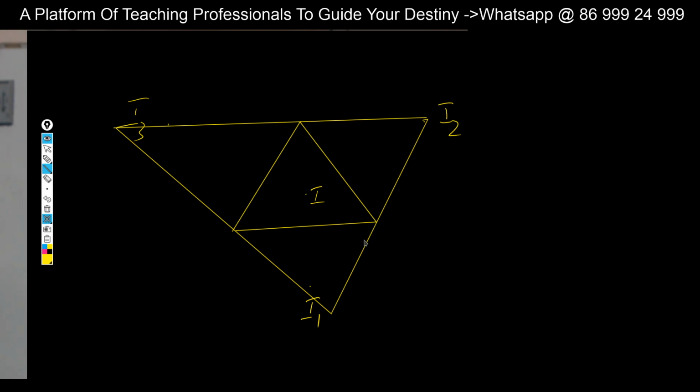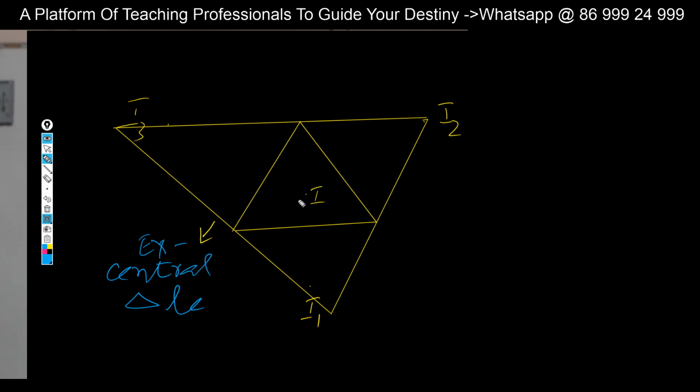What is it that you are getting? This is said to be the excentral triangle, because it is the triangle formed by all the excenters, we call it the excentral triangle.